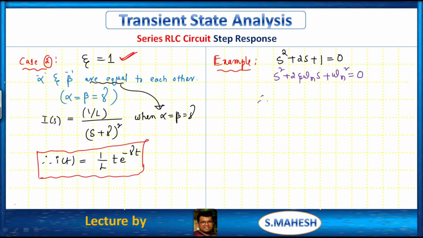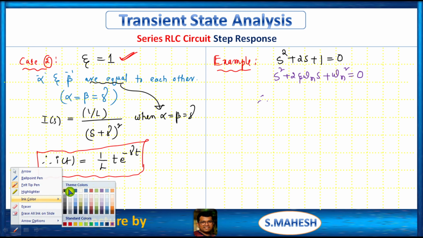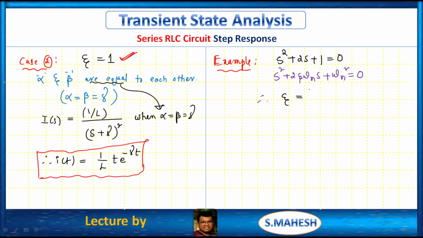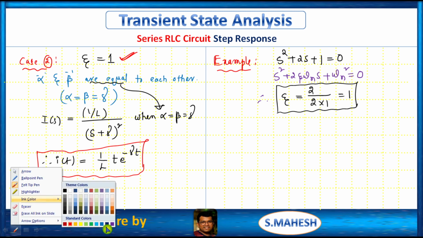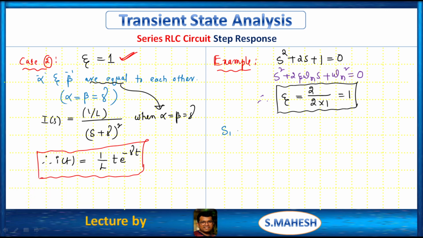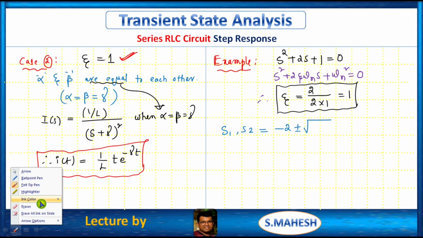Therefore from this, zeta equals 2 by 2 into 1, which equals 1, right? So zeta equals 1, satisfied. Now we have to get the roots. S1 and S2 equal minus 2 plus or minus, sorry, this is a simple quadratic equation.